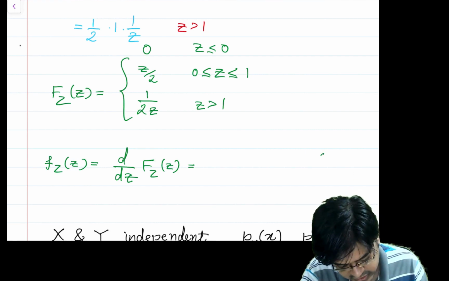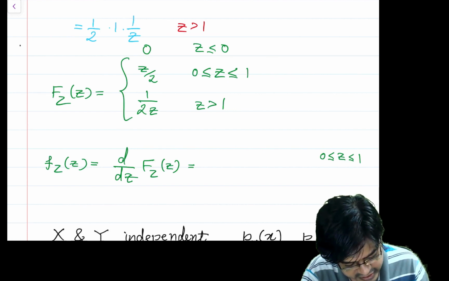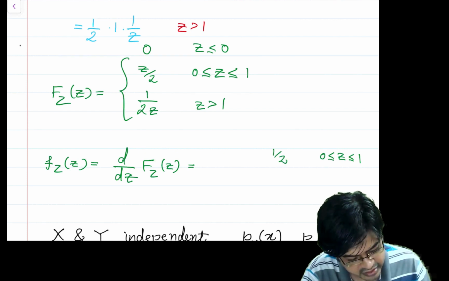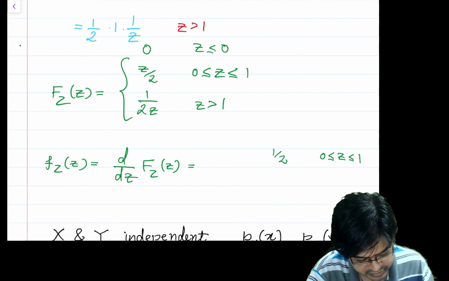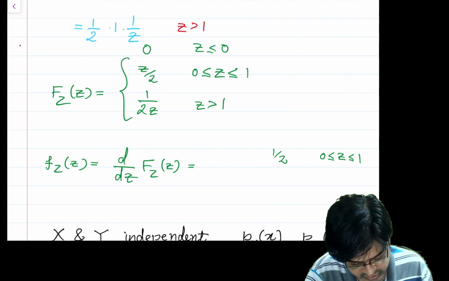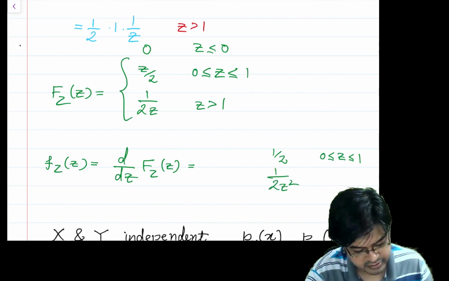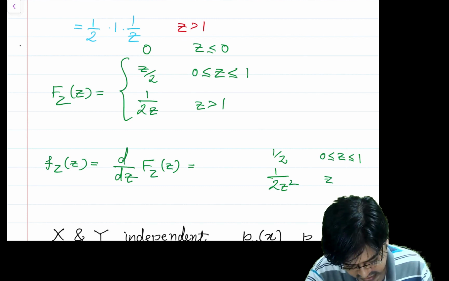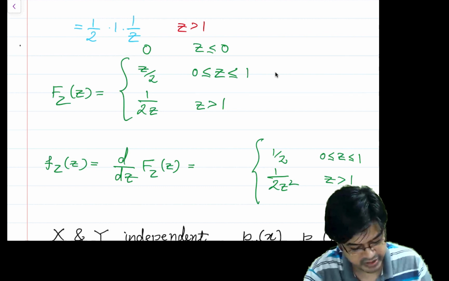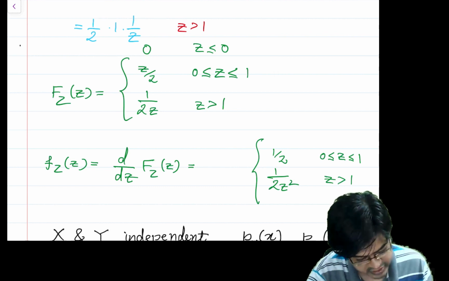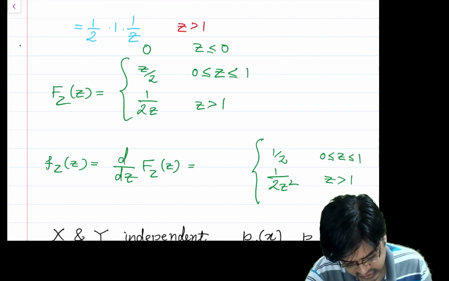For 0 less than or equal to z less than or equal to 1, z by 2 differentiated will give me 1 by 2, and 1 by 2z differentiated will give me z raised to minus 1, so 1 by 2 z square for z greater than 1. So this is what my PDF will be, f_Z(z), for z greater than 1 and 0 otherwise.